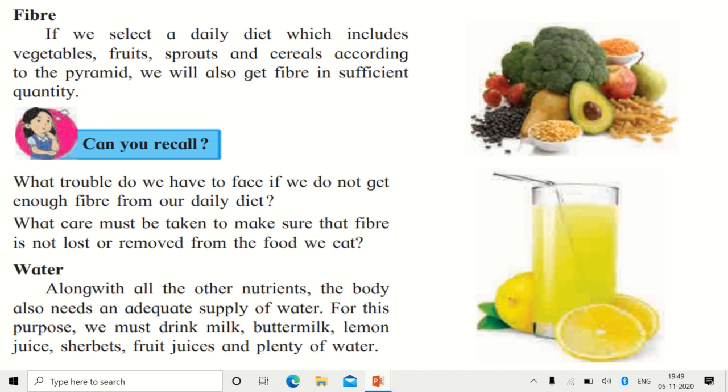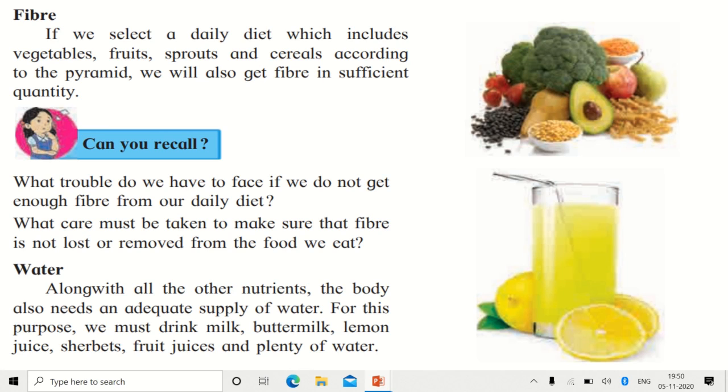Because you know that the husk of all the cereals contains fiber. Also, they contain vitamins. That is why we should not sieve flour. So this is the importance of fiber in our daily life. To avoid obesity and constipation, we should include fiber in our body.